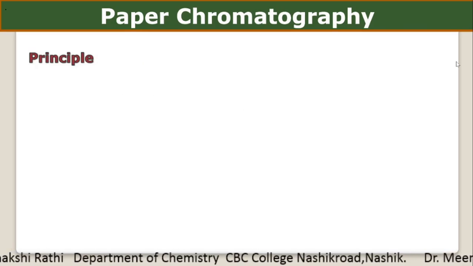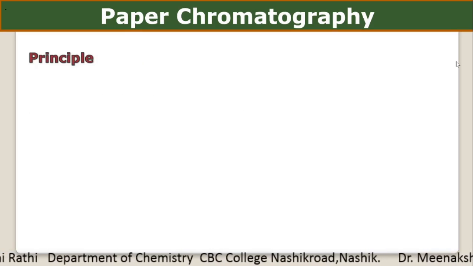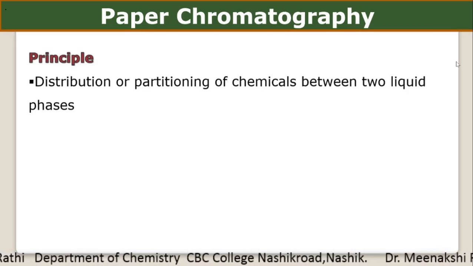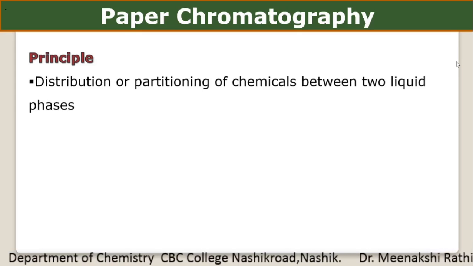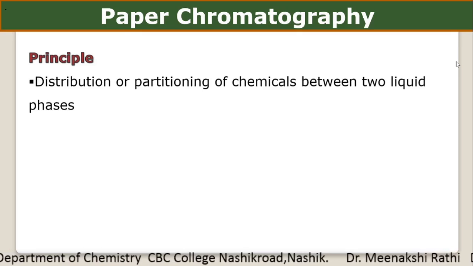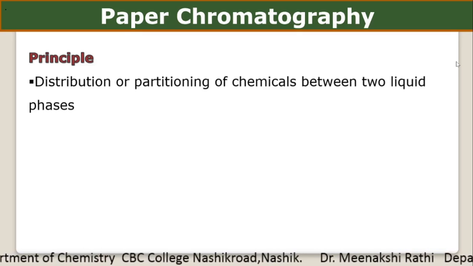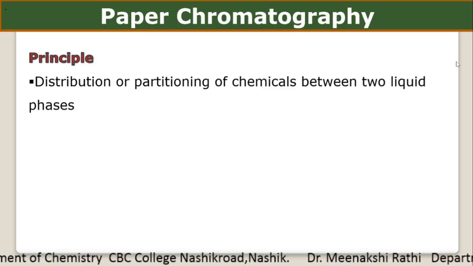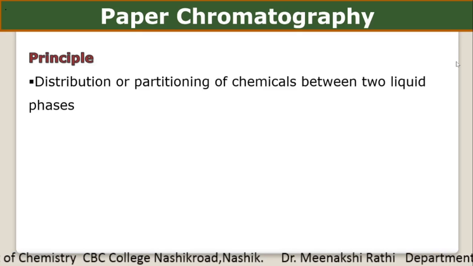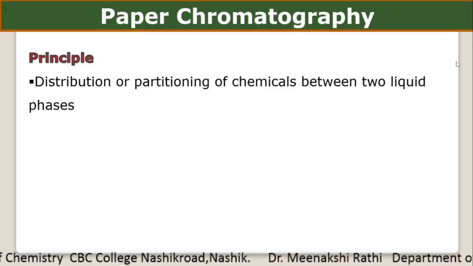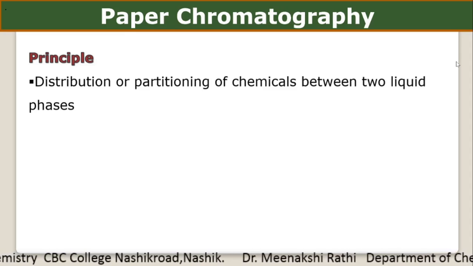Now, what are the principles of paper chromatography? The principle involved in paper chromatography is the distribution or partitioning of chemicals between two liquid phases. Now you can ask how there are two liquids here, because here we are using paper and a mobile phase as a solvent.